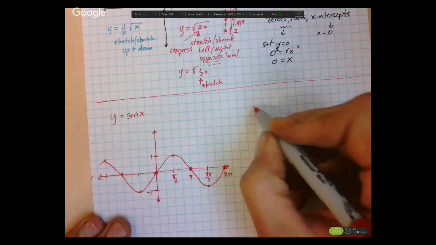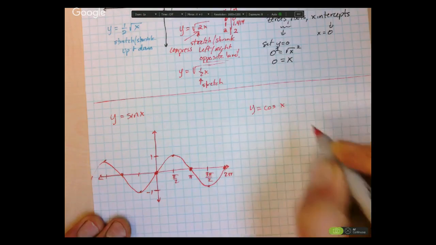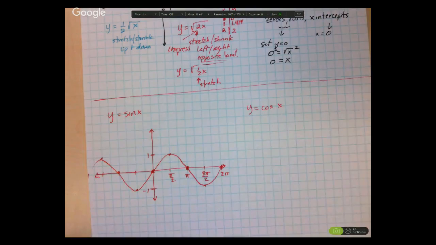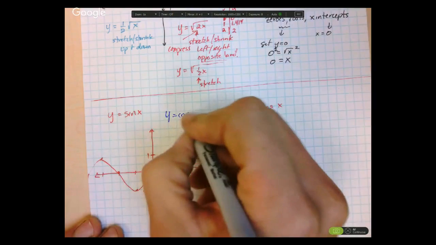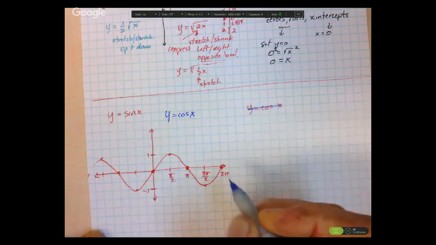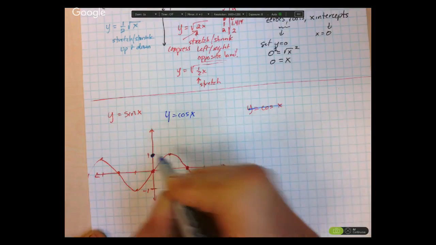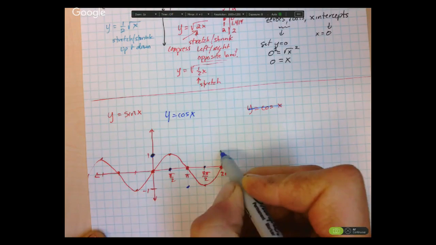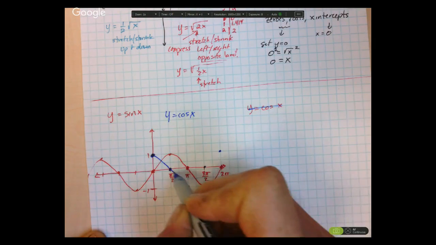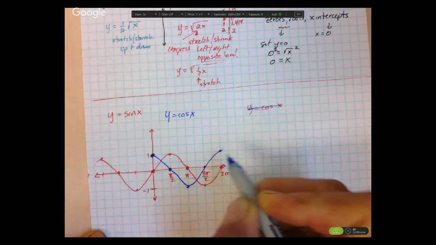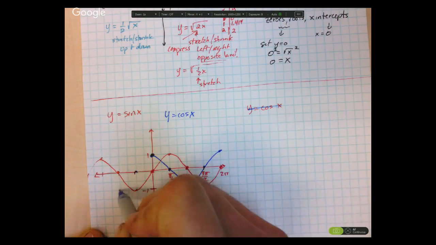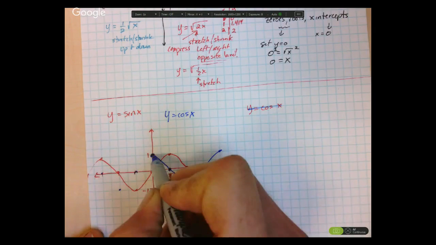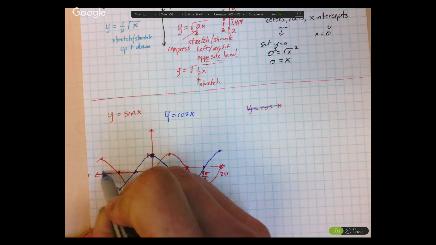And then y equals cosine x. I'll do it in a different color. It starts at 1. And if you wanted to go backwards, you could. Again, periodic.